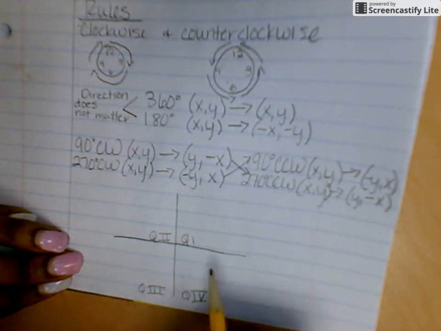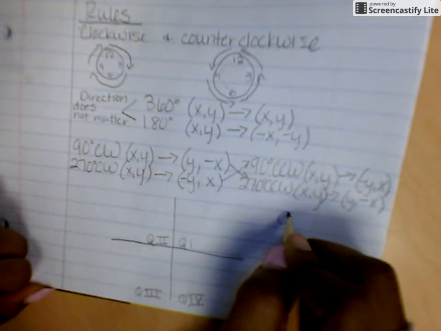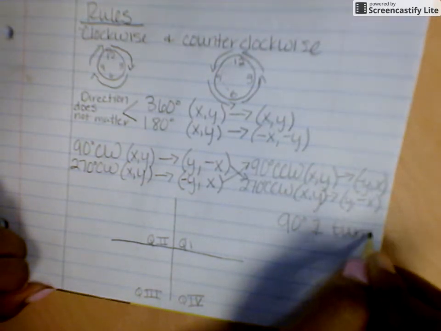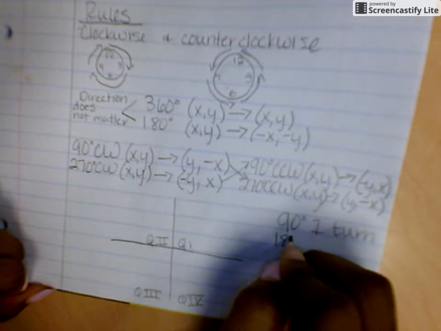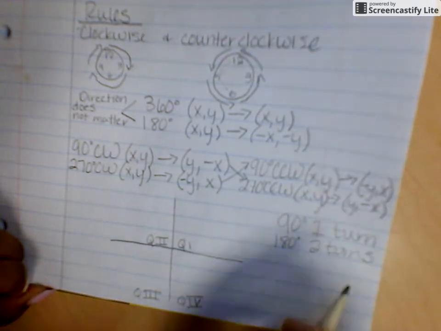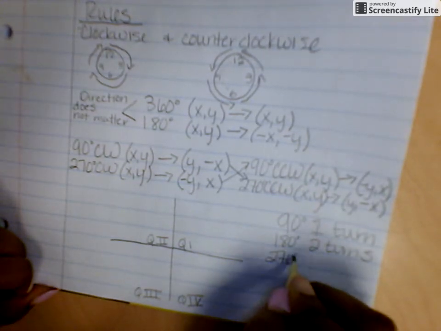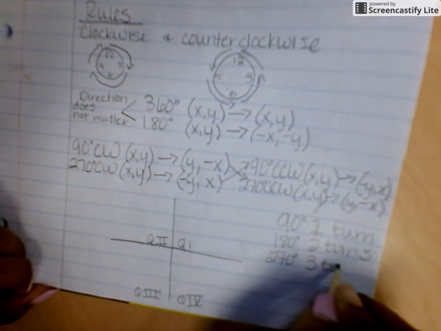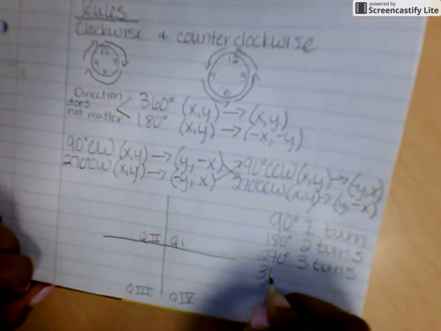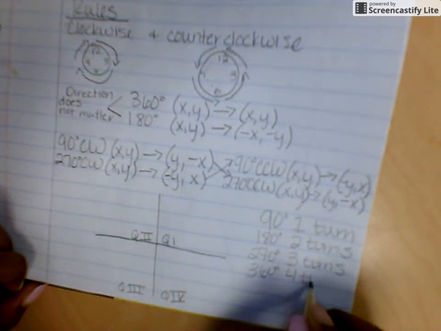The most important thing that we need to know is that a rotation, 90 degrees, is 1 turn, which is 1 quadrant. 180 would be 2 turns, or 2 quadrants moved. 270 would be how many? 3 turns. And what would be 360? 4 turns.